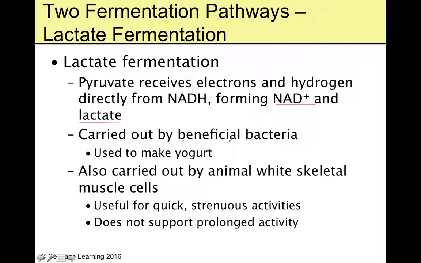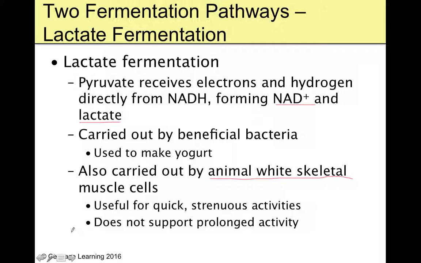And this is carried out by beneficial bacteria that we kind of throw under this general term of lactic acid, that we use to make yogurt. So you get a lot of probiotics from yogurt, good bacteria in yogurts, and we use them in this fermentation process of making yogurt. So it's not just in bacteria, it's also in animal skeletal muscle cells, particularly the white ones.